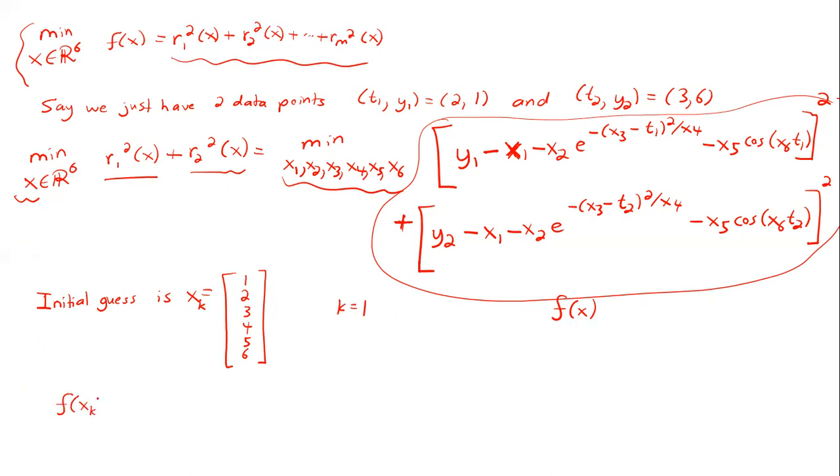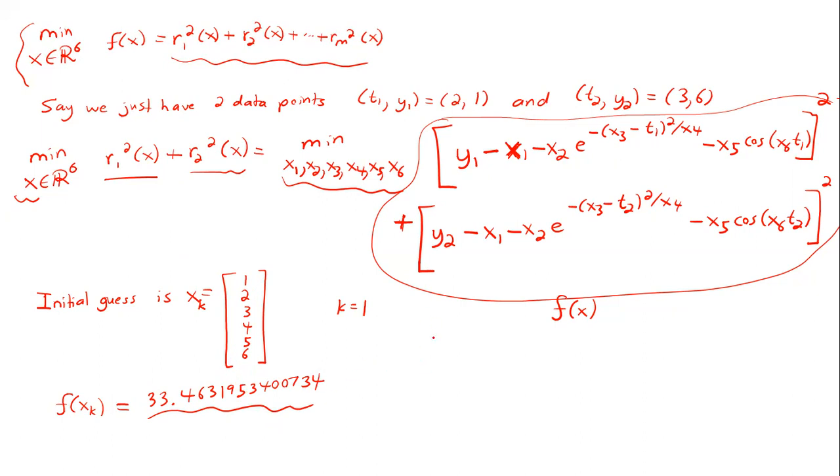So here, f of xk, if I was to actually plug in this value of 1 for x1, for example, 2 for x2, et cetera, what you would come up with is that f of xk is equal to 33.46319534000734. This is what I got from MATLAB. And I kept the digits here mostly because I'm going to write some more things in a few minutes about what's the value of the objective function at a different point and stuff like that.